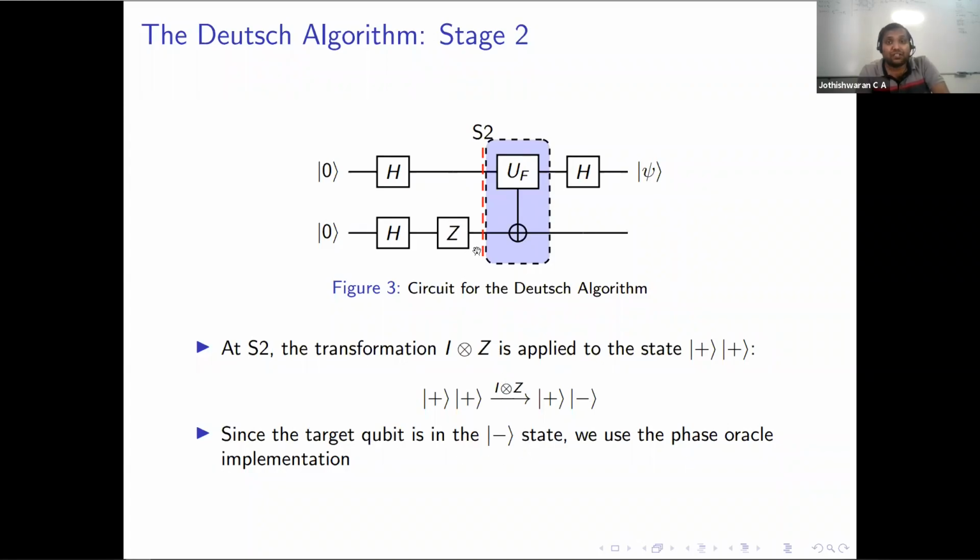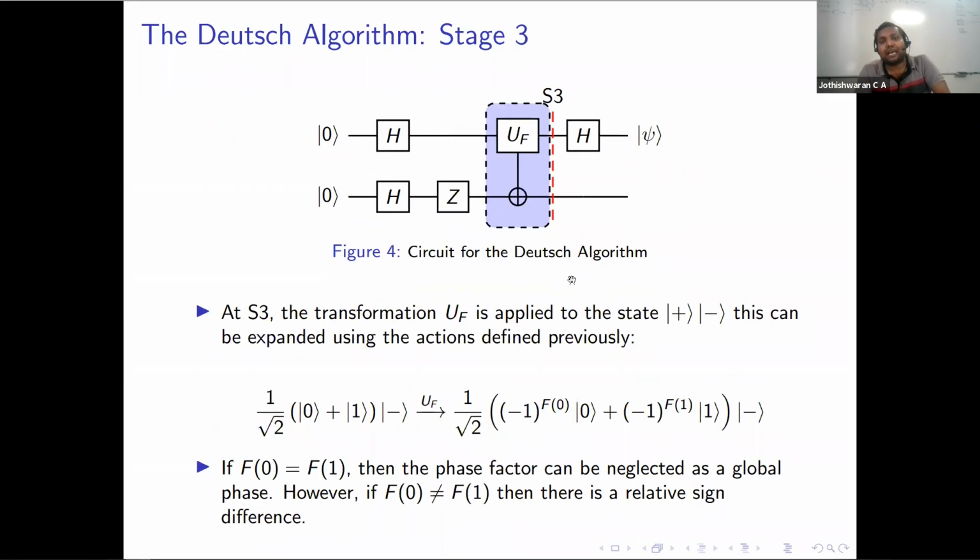Now, as you can see, this goes to the target qubit. From here, we enter the oracle. And since the minus state is being passed to the oracle, as we have seen before, we can now use the phase oracle notation. So when UF is applied to this state, we know that we'll get a phase factor. However, notice that my input state is now in a superposition. Let me quickly show you.